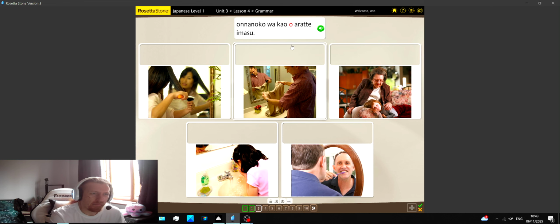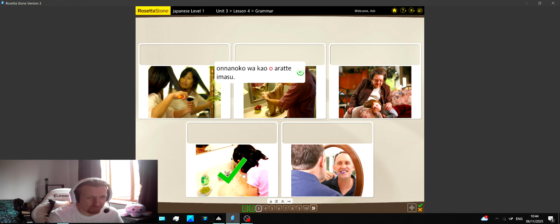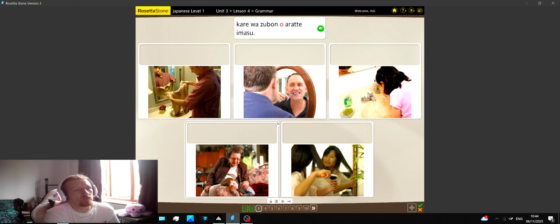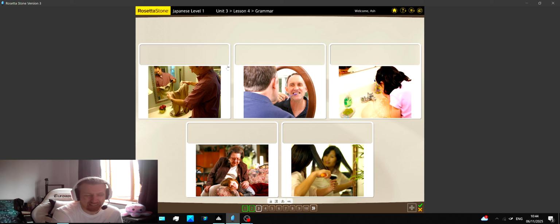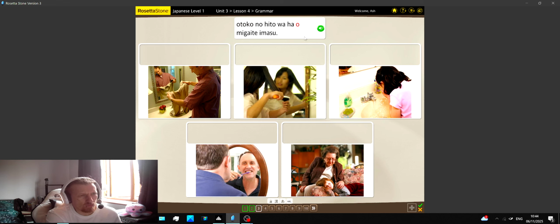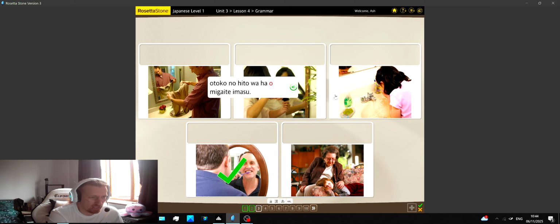There we go. 女の子は顔を洗っています。 Washing a face, because kao is face, and arau is to wash. 彼はズボンを洗っています。 He is washing his trousers, his pants. 男の人は歯を磨いています。 The man is brushing his teeth. Ha is teeth, migaite, migaitemasu.